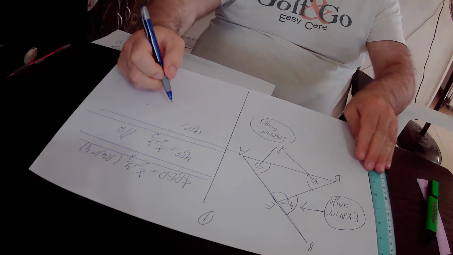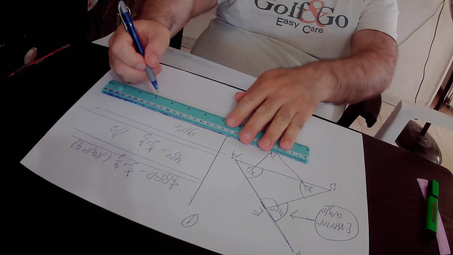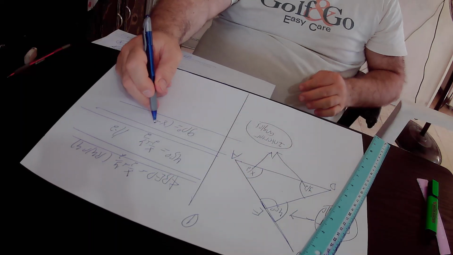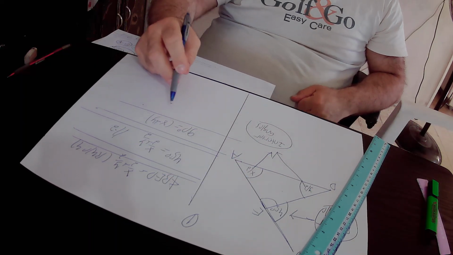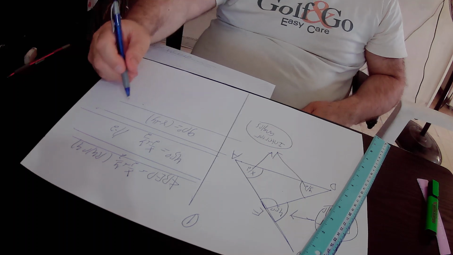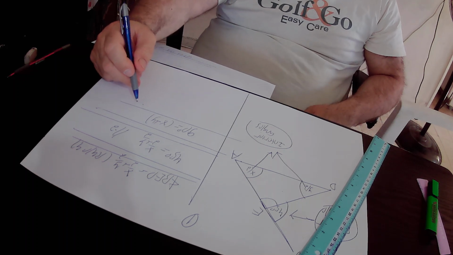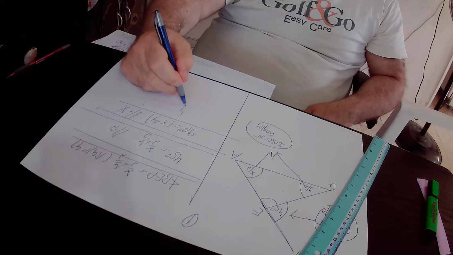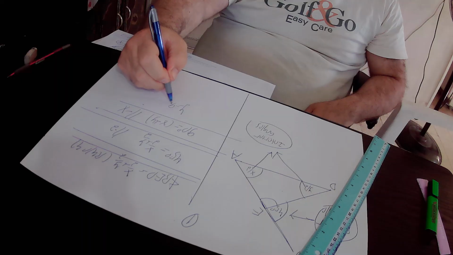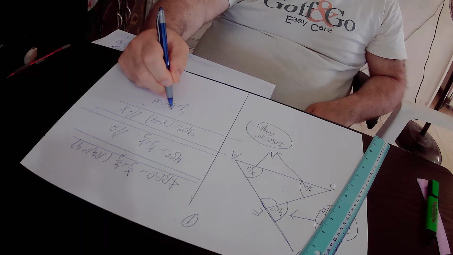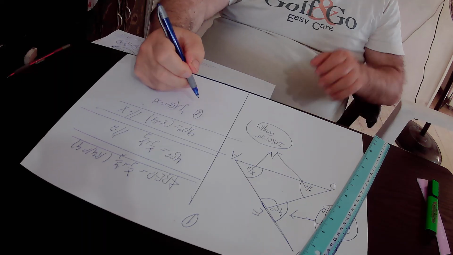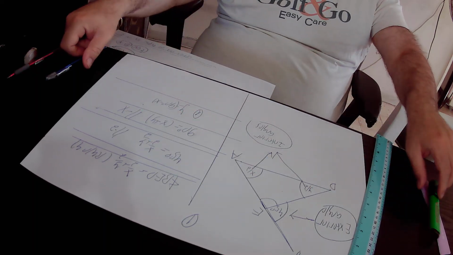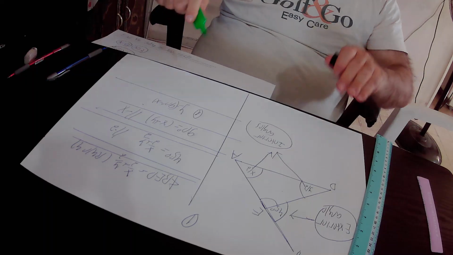So 90 degrees equals x over 2 times 2, which is x, and y over 2 times 2, which is y. So in conclusion, x plus y equals 90 degrees. We subtract x from this equation, and finally we get that y equals 90 degrees minus x. So this is equation number 3, y equals 90 degrees minus x.